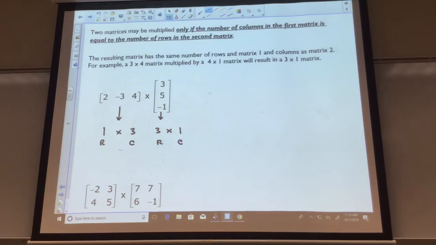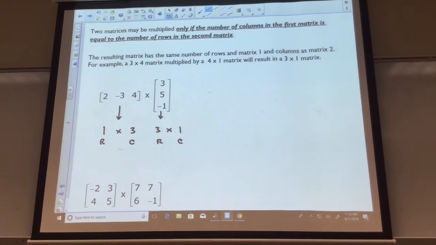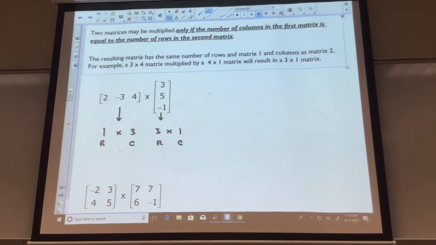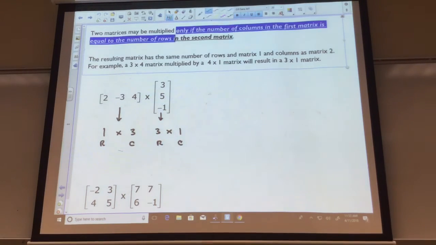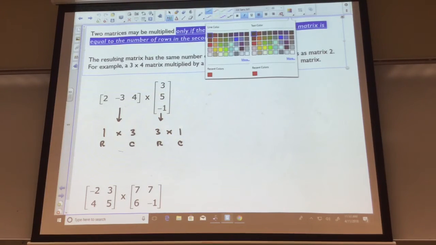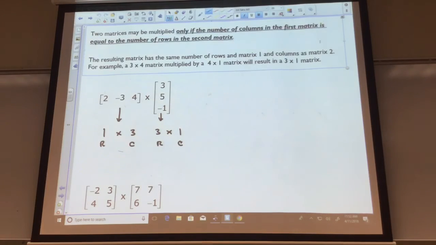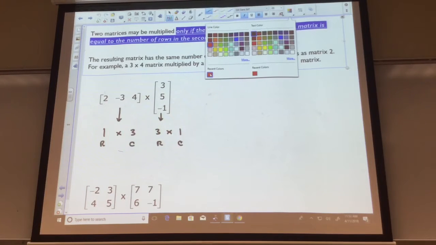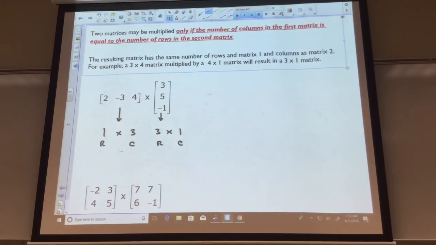Two matrices can be multiplied if and only if the two values adjacent to one another are equal.